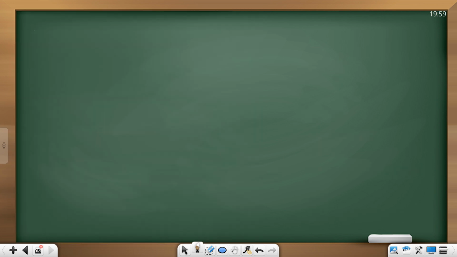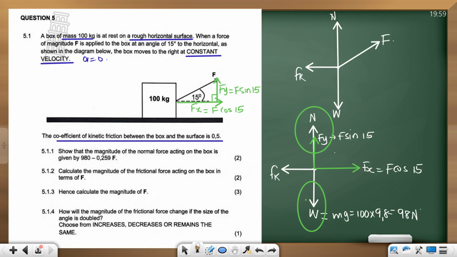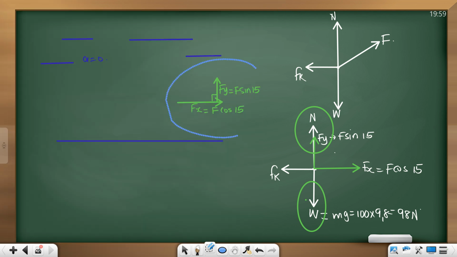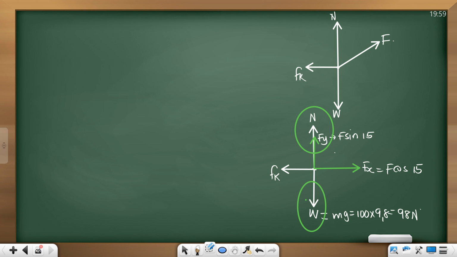So what do I know? N plus Fy should be equal to the weight. What is my normal? W minus Fy, which is mg minus F sine 15.